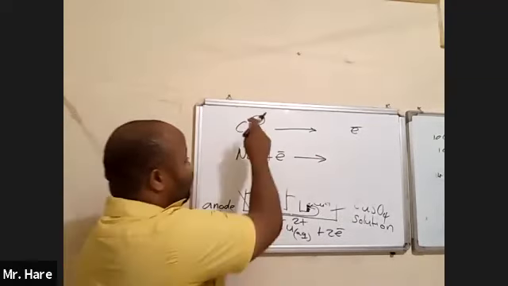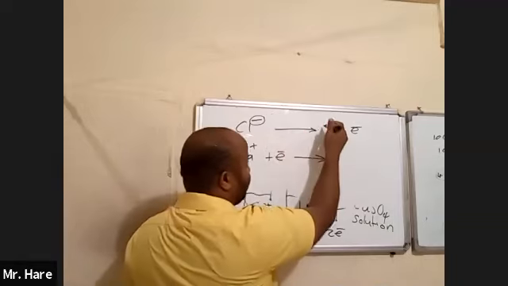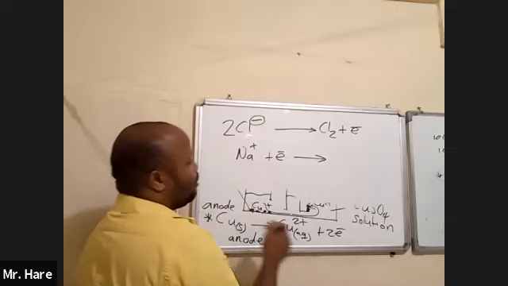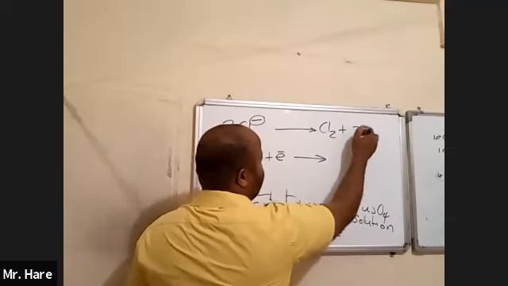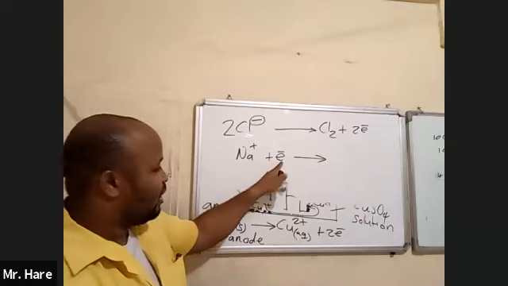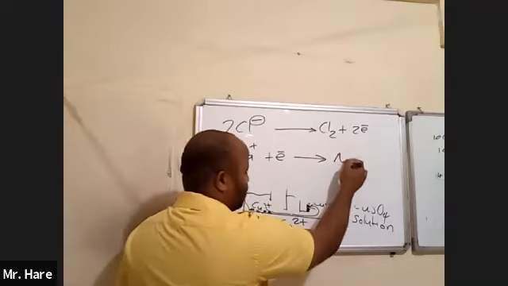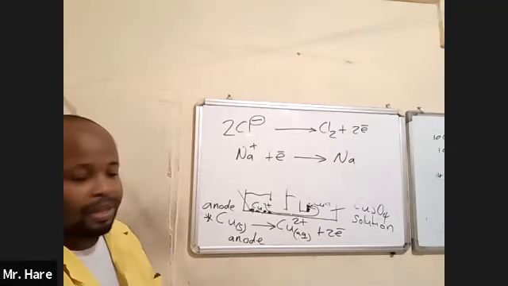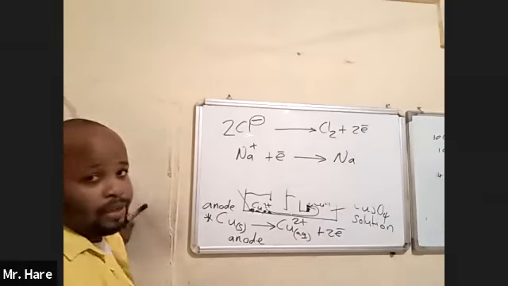And again, we know that the chloride ion will give you Cl2. And so you need to put 2 in front, and we're going to need 2 electrons. All right? Sodium ion gains the electron to form the sodium atom. That is how you get it. Understand?